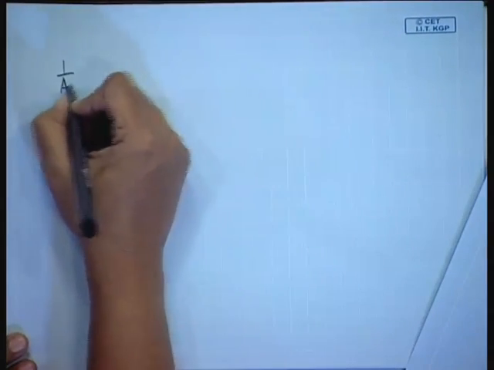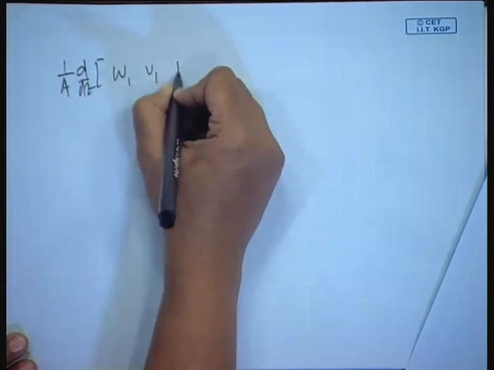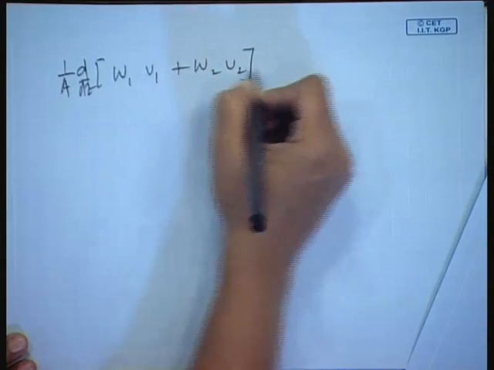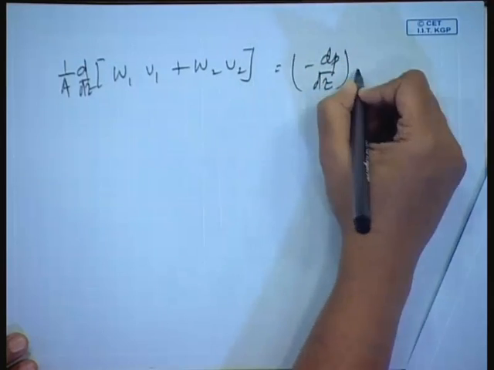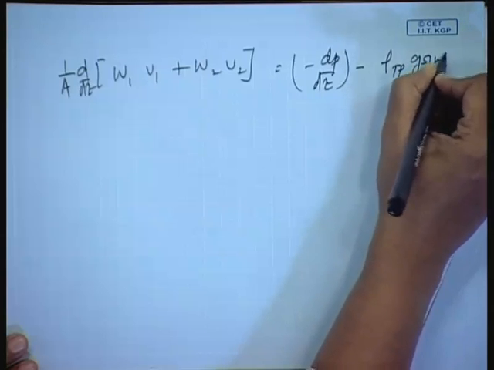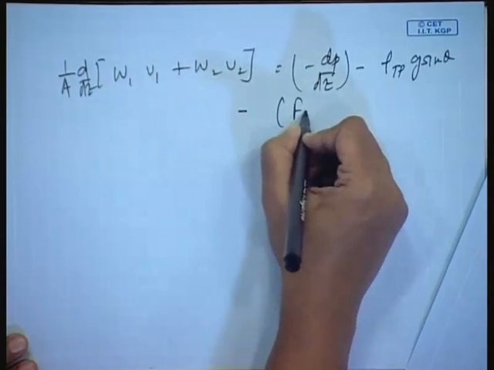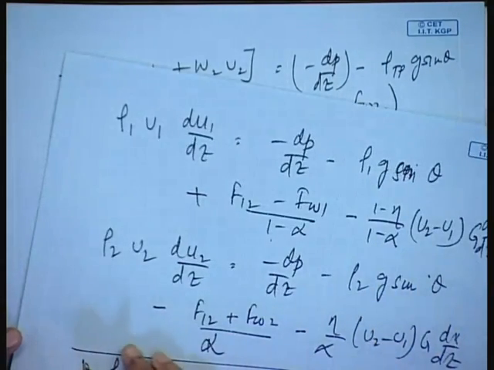Let me write it down. You just try it out in your hostels and you will find it. You get 1 by A d/dz of (W1 U1 plus W2 U2) equals minus dP/dz minus rho_TP g sin theta minus Fw1 plus Fw2, because all the other terms simply get cancelled out.